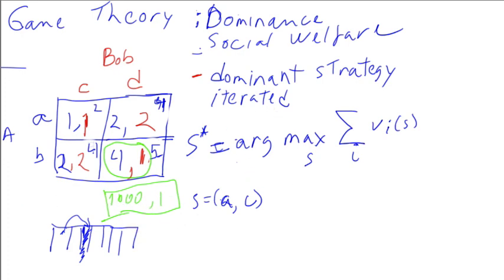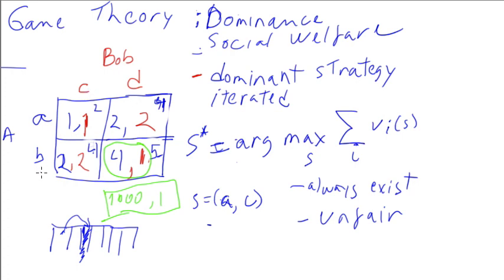So social welfare always exists, of course, and there could be ties. It's easy to calculate, but it can be unfair or unstable. Like in this case, if we say we're going to play B and D, Bob might look at that and say, okay, B and D, I don't like that.